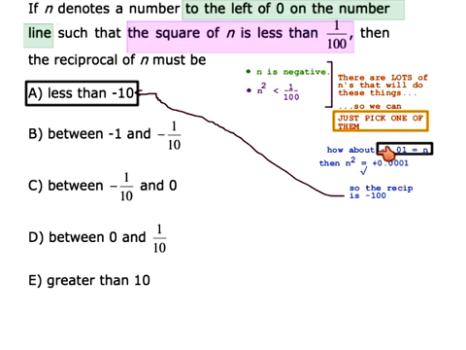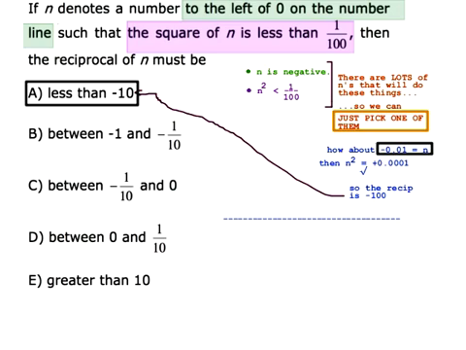And incidentally, if you wanted to actually solve that in general, which you don't have to do, but which you could do as part of a review process, then you would have n squared is less than 1 over 100.